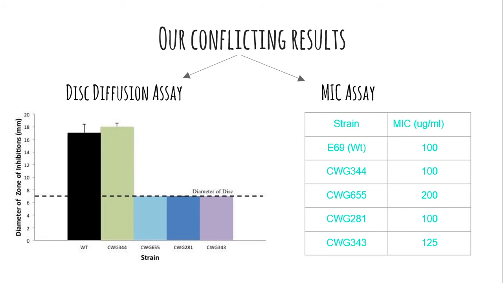The same discrepancy was observed by the group who investigated the WZA knockout last term. Interestingly, the other strains show consistent results, with CWG655 and CWG343 displaying resistance in both assays, and CWG344 displaying sensitivity. This begs the question then of why the discrepancy is only seen in the WZA knockout strain.